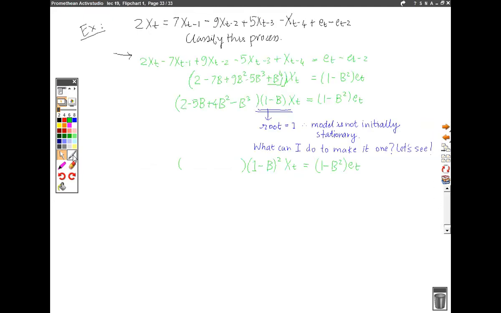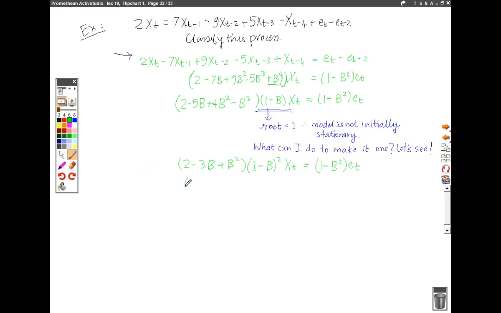Minus 3, minus, right? So what we have here is 2 minus 3B plus B squared. Again, now figure out if you can find the roots of this. So let's try 1 again. We have 2 minus 3 plus 1, 0, right? So again we have root as 1, and again this model is still not stationary.